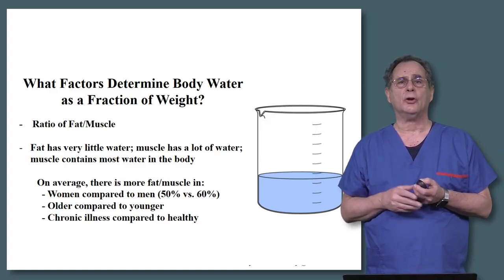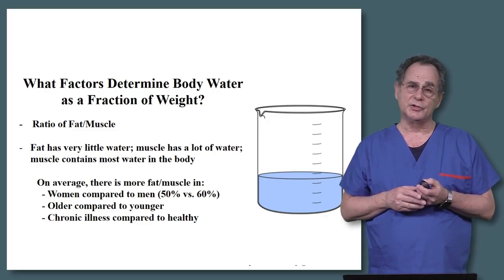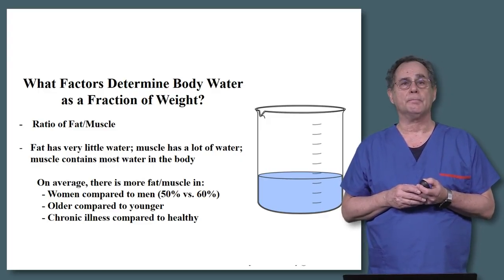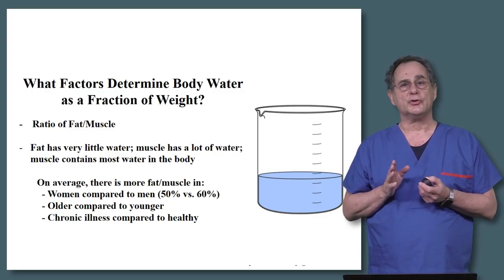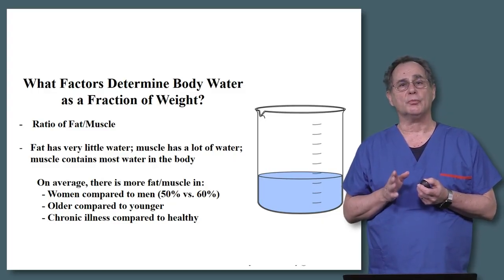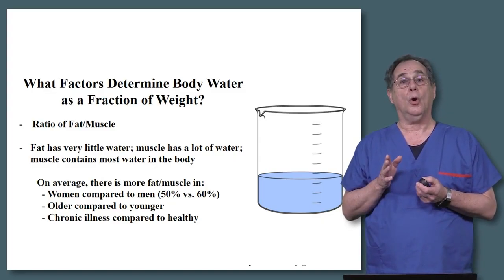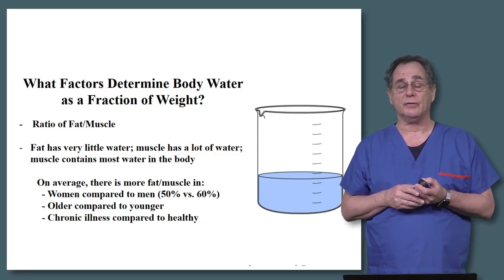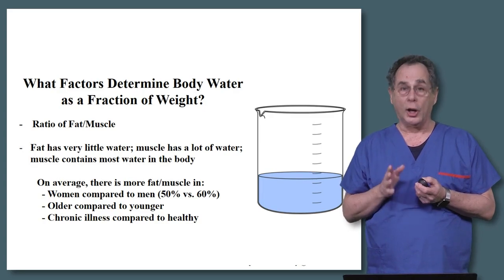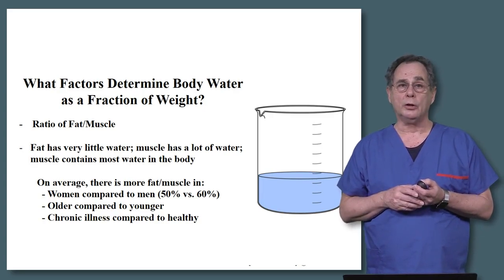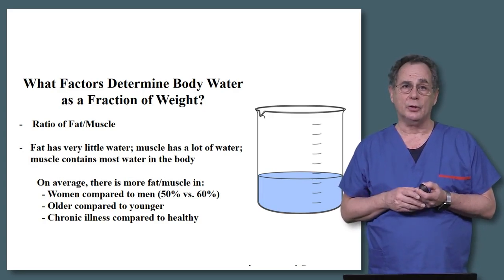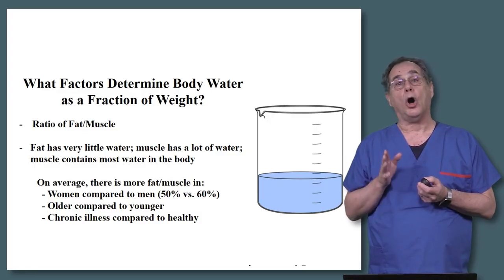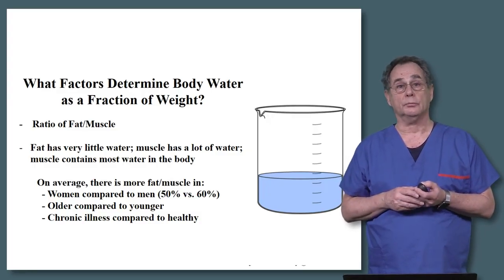So fat has very little water, muscle has a lot of water, and muscle actually contains most of the water in our body. On average, there is more fat and less muscle in women compared to men, and that accounts for 50% of the total body weight of a woman, on average, being composed of water, and 60% of the body weight of a man, on average, composed of water.